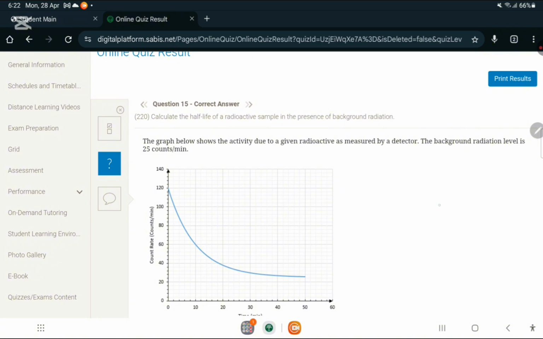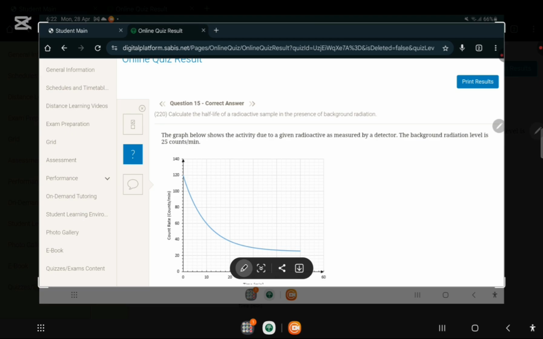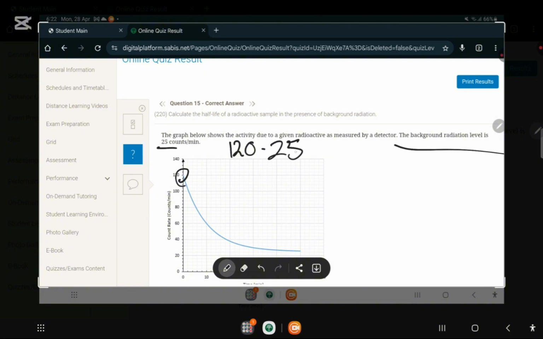Okay, they want the source alone. Source alone is the count rate measured by the detector, which is 120, minus the background radiation level, which is 25. You will get 95 counts per minute.